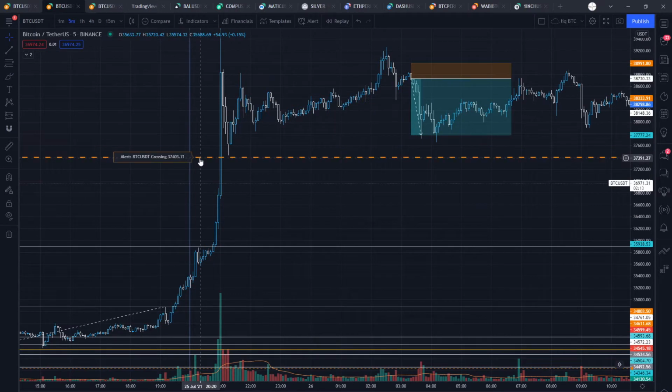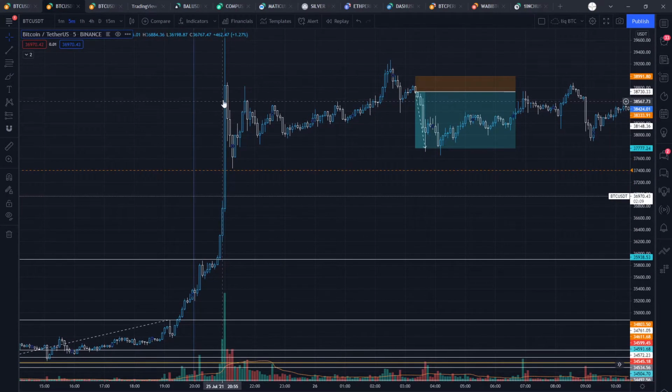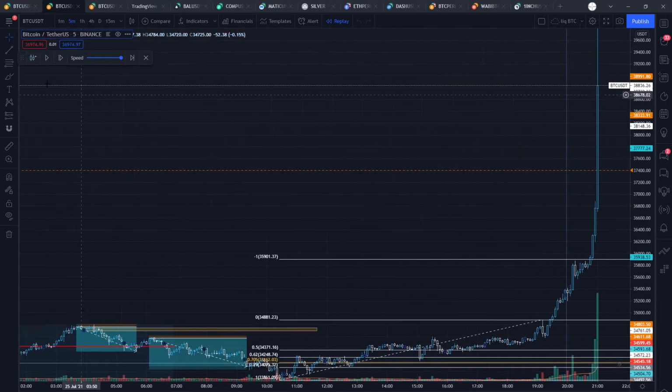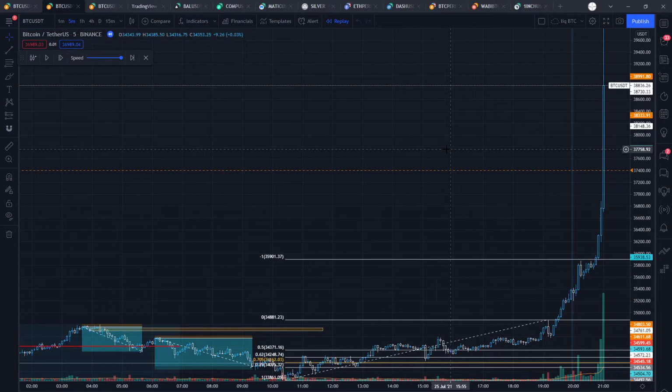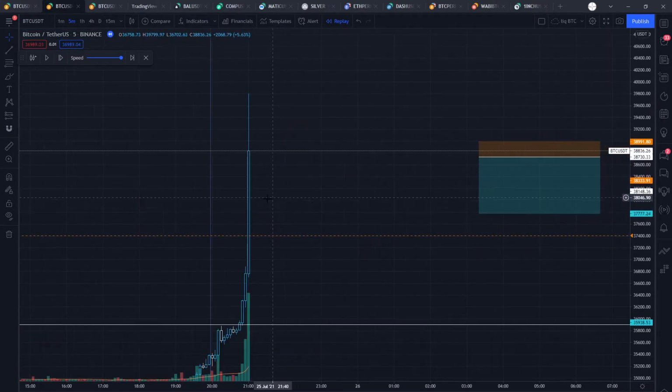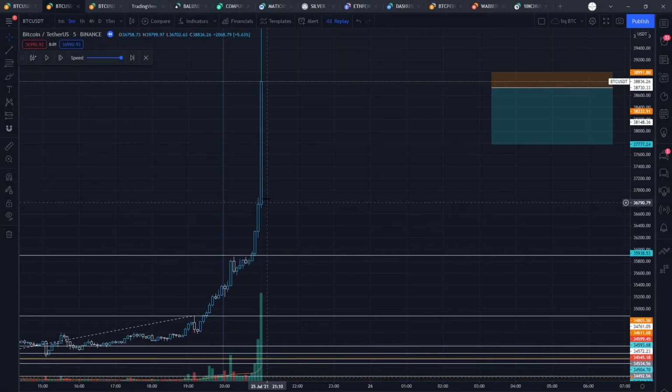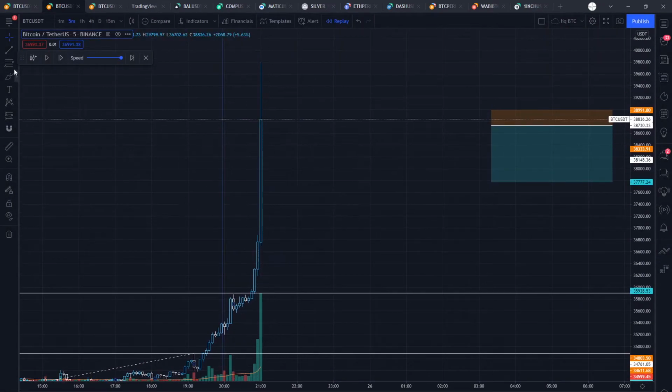So here, this whole thing is a price imbalance. If we went back in time and took a look at this, you could see that this massive candle that came up had this massive imbalance starting here.